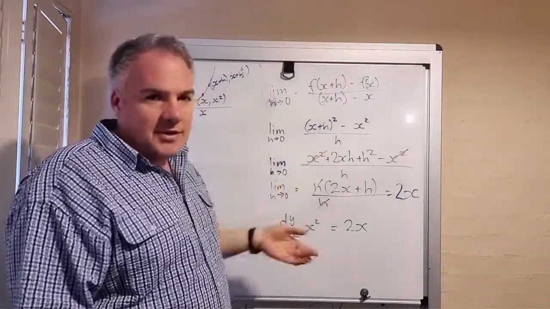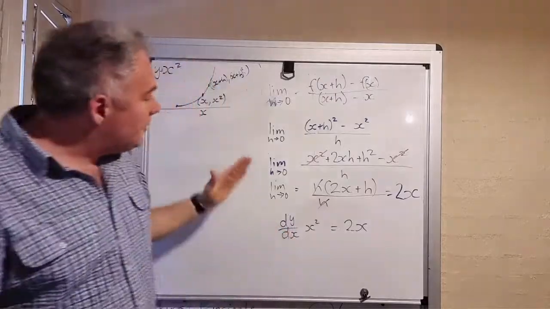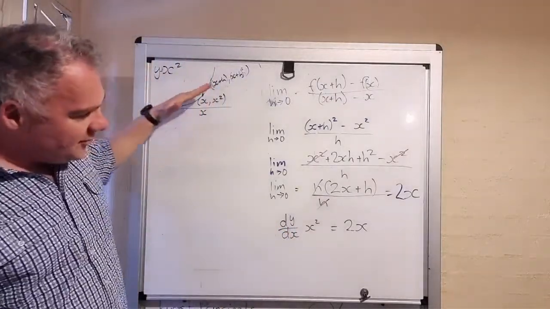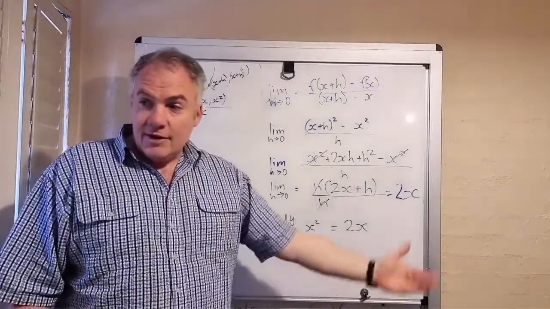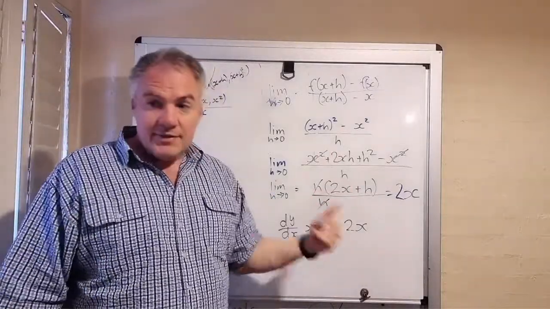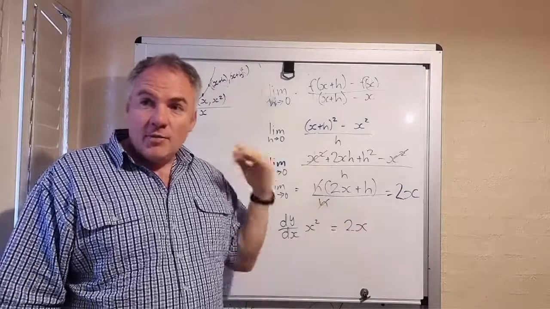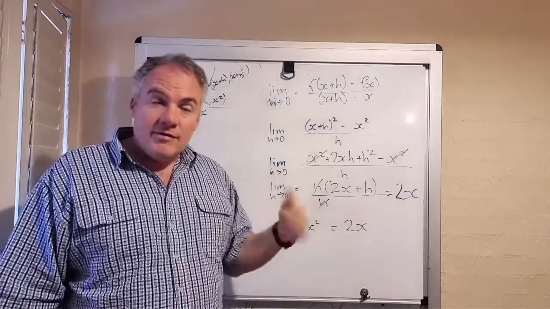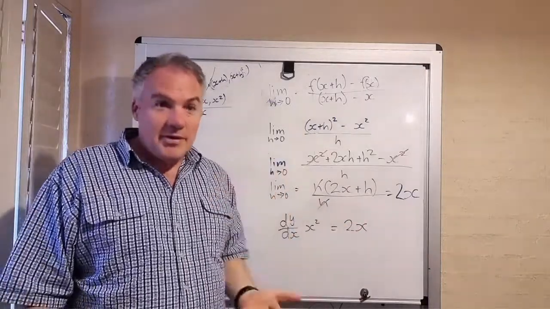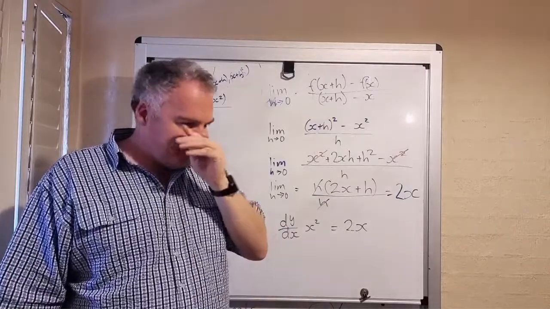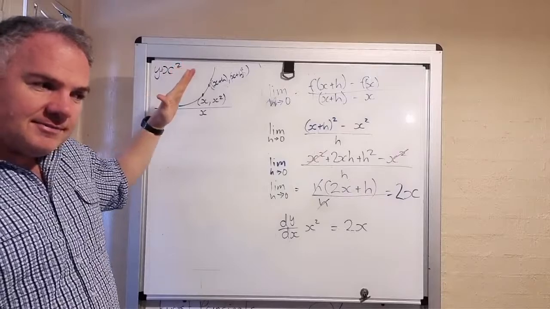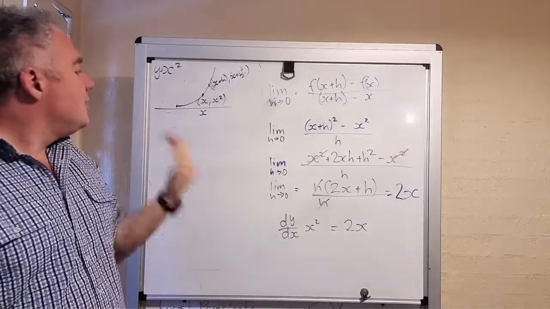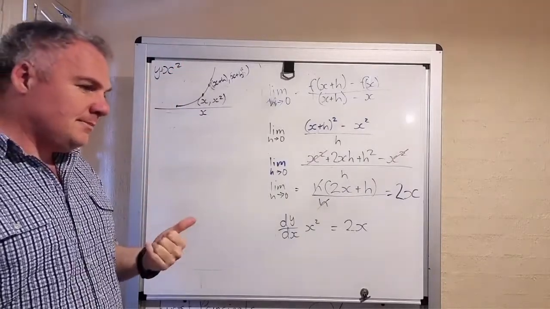Because the gradient of the tangent to the curve is always 2 lots of your x value. And as your x value is infinite, so is your gradient. Whatever your x value is, your gradient at that point is double it. Okay? So you get an endlessly sharper and sharper curve. Hopefully that makes sense to people.